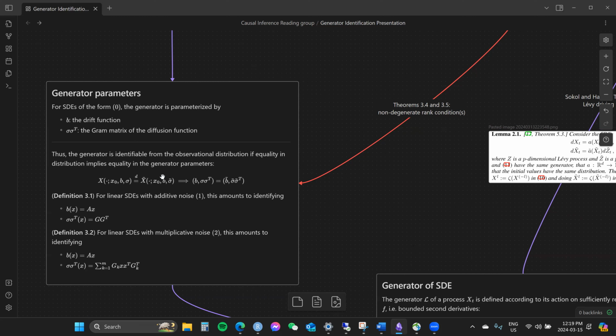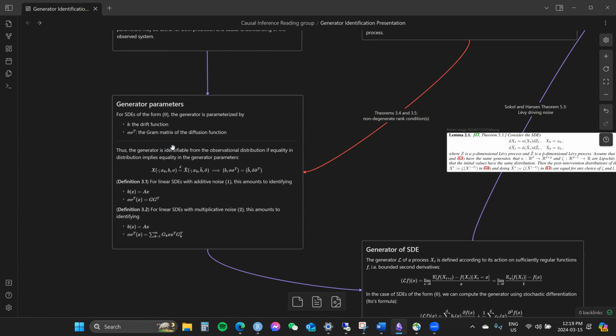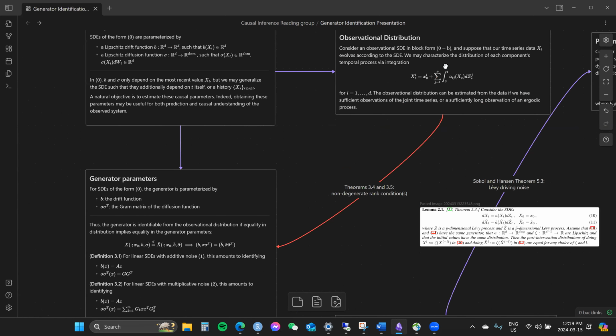But the generator will allow us to characterize a lot of other things. In particular, you will be able to always get it from the parameters because you can always just create these. The main task, because this paper is generator identification, is to try to get the generator from the observational distribution, because this is the weaker one.